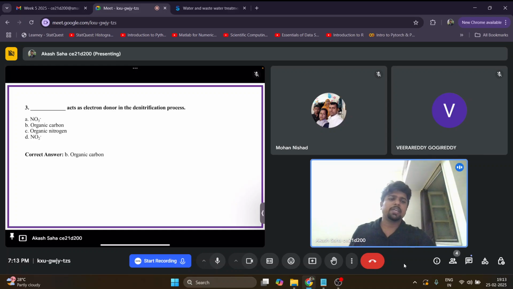So as I told you, in every system there will be an electron donor and an electron acceptor. So we discussed that in denitrification, the electron donor is my organic carbon. Now denitrification happens in an anoxic system. So what will be my electron acceptor?